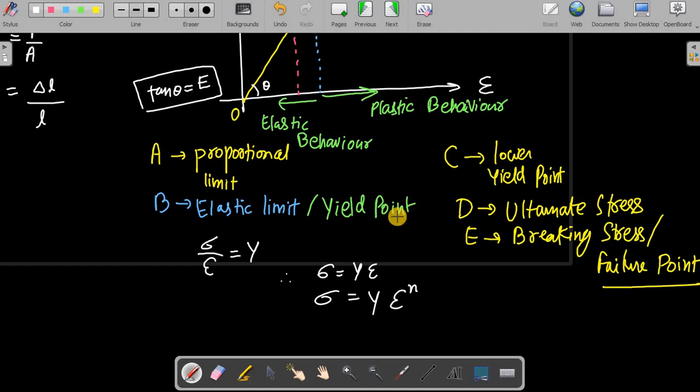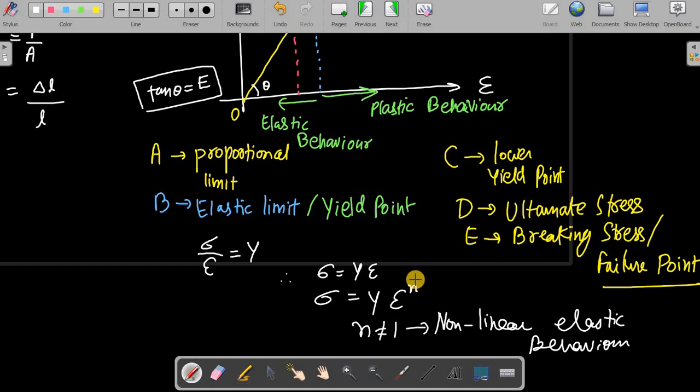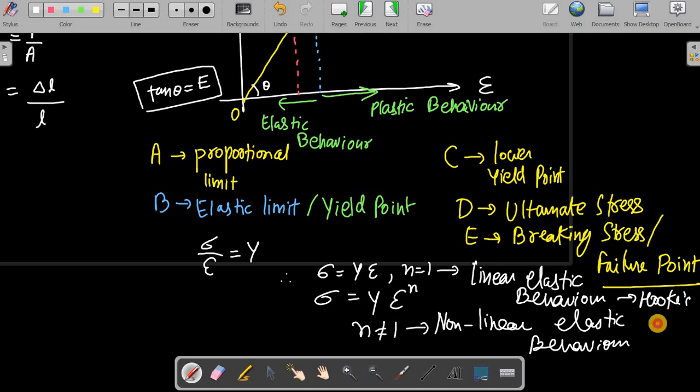In such a case, we have elastic behavior which is non-linear. When n is equal to 1, as in this case, Hooke's law deals with linear elastic behavior. That's what Hooke's law is.